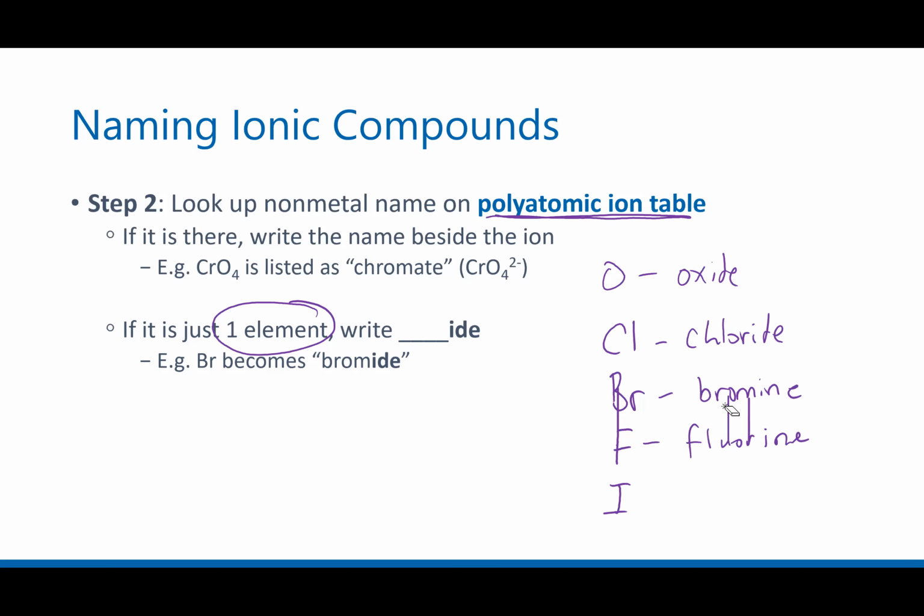If I didn't say calcium chloride and I just said calcium chlorine, I'm talking about two separate elements. So if you're wondering why we changed the name of the anions on the periodic table, it's to tell us that they're in an ionic compound. All right, do I have a question?